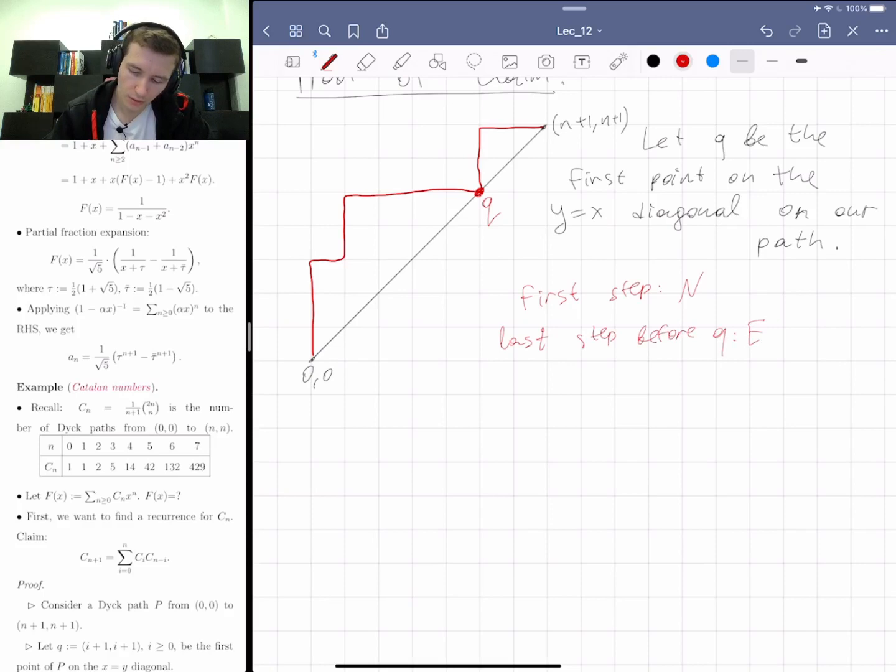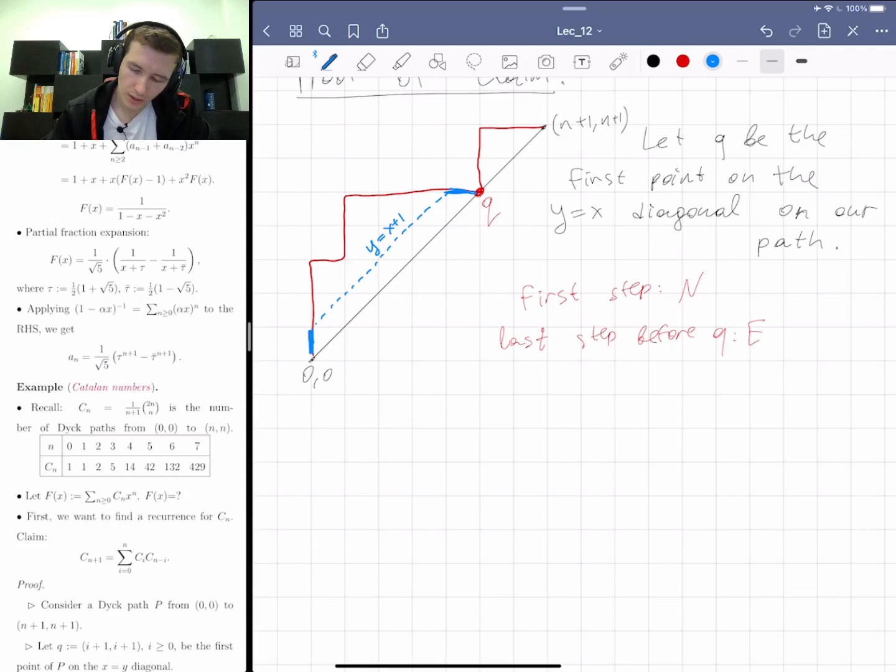So these two steps are already determined, and the path over here does not go below... this is the y equals x plus 1 diagonal.